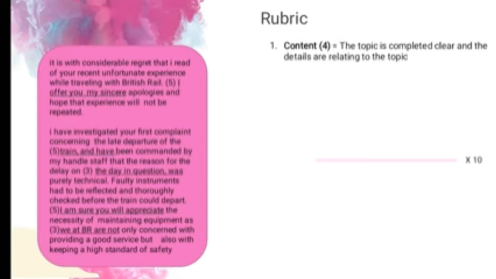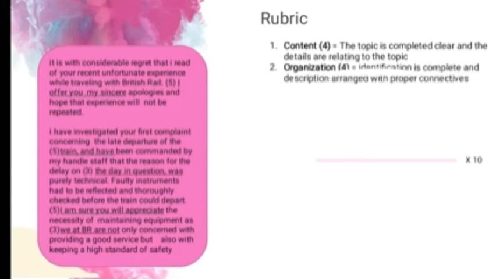For the content, I give a 4 because the topic of this paragraph is clear, and the details are relating to the topic. For the second aspect, organization, I give 4 because the identification of the paragraph is complete and the description of the paragraph is arranged with proper connectives.